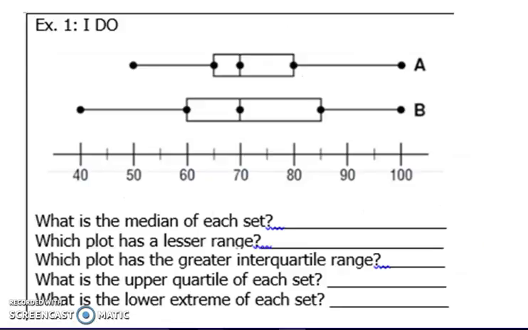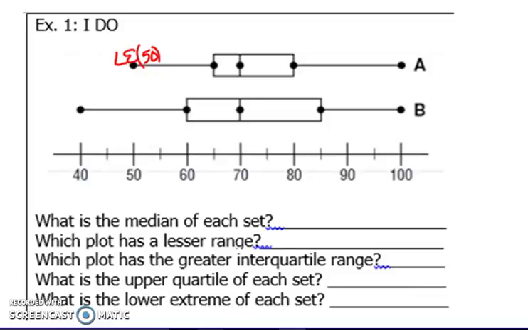Now, if I give you a set of data, if I have A and I have B, let's talk about the graphs before we go to the questions. If I look at the graphs and I look at letter A, this first point here is my lower extreme. Well, my lower extreme is 50.